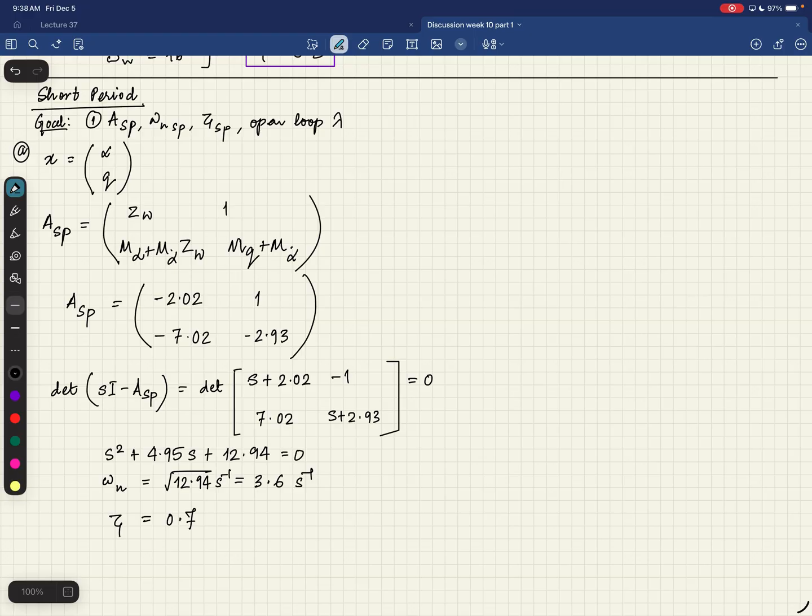So consult the level 1 requirements for a class 1 aircraft in flight phase category B. Does the open loop aircraft meet level 1 requirements? So if you go ahead and look at the second part, a very small part, then zeta short period for type 1 class 1 phase B, the range is 0.3 to 2.0.